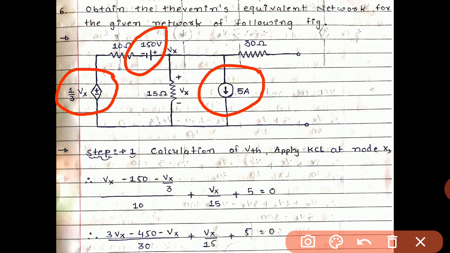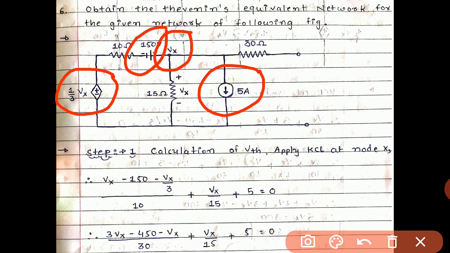Initially we have to find the value of VTH by applying Kirchhoff current law at node X. So we have to apply the Kirchhoff current law over here. What is the value of current at node X? Sum of current entering equals sum of current outgoing.